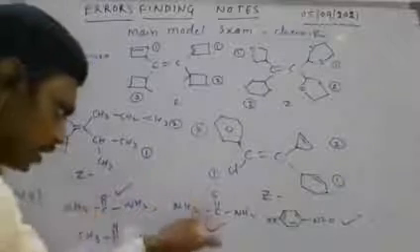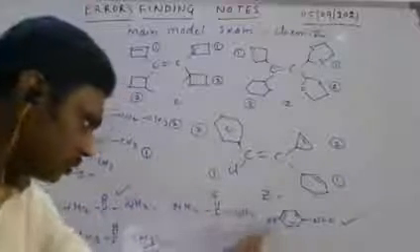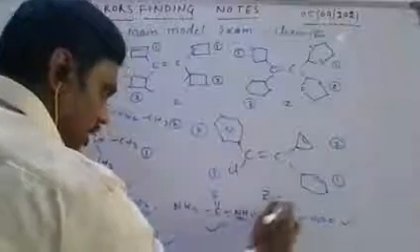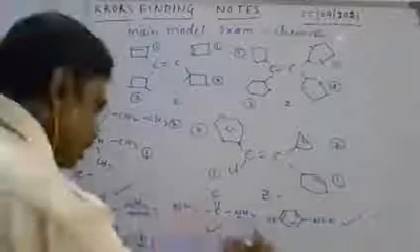There are two structural conditions for tautomerism: an electronegative element with a multiple bond, and the alpha carbon has hydrogen. Here alpha position hydrogen, and here double bond with OH. So here also tautomerism is observed. All the molecules exhibit tautomerism. 4 compounds exhibit tautomerism.